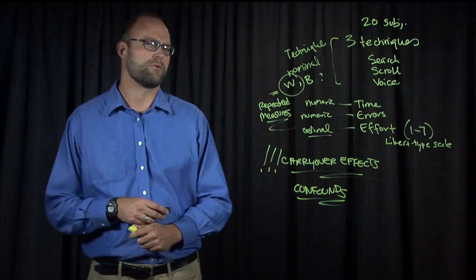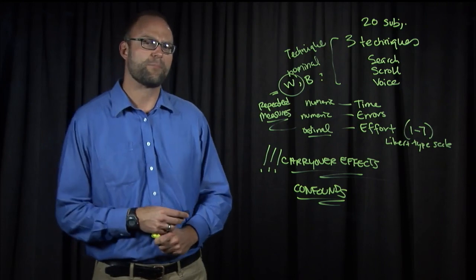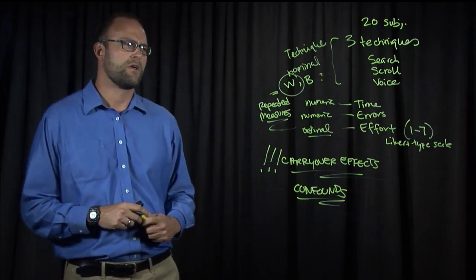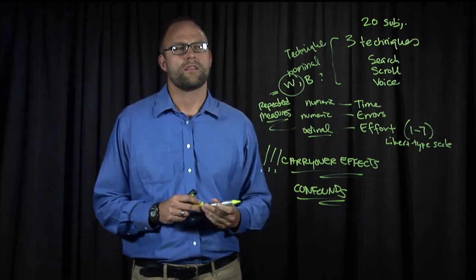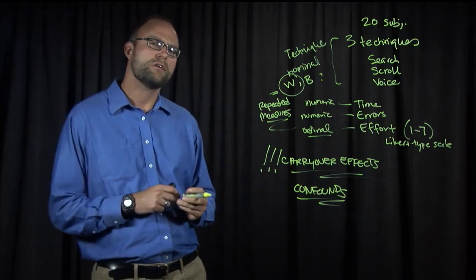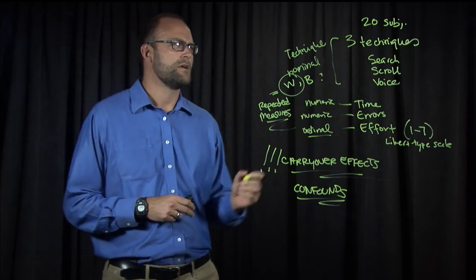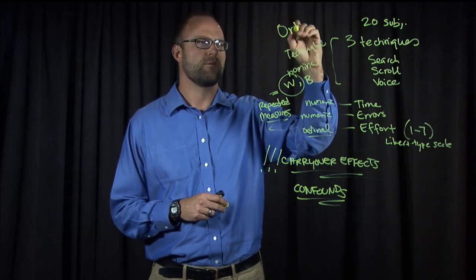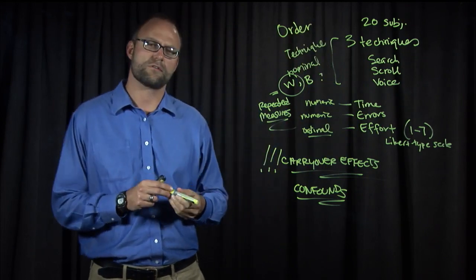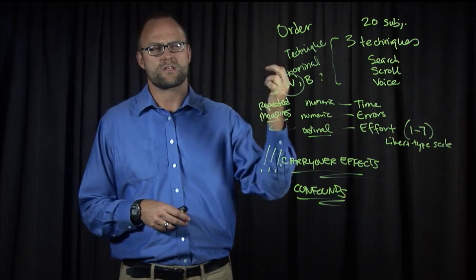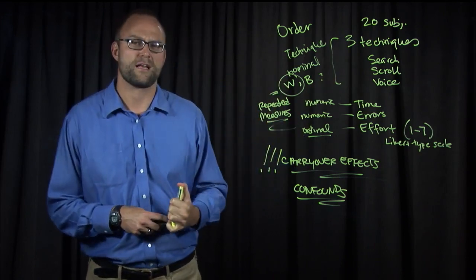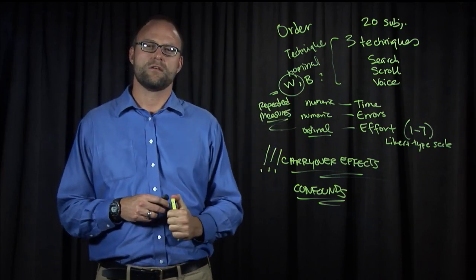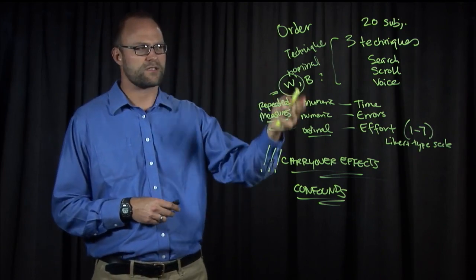How would we test for an order effect? Turns out we can know if they're happening, but we have to encode another variable in our data table, and that variable would be the presentation order of the conditions. So we have technique as a variable, but we'd also add to our set the variable order, or maybe technique order. And we'd encode that with just, say, 1, 2, or in the case of voice being added, 3, for which order was the measure taken in, which order was the technique shown in.